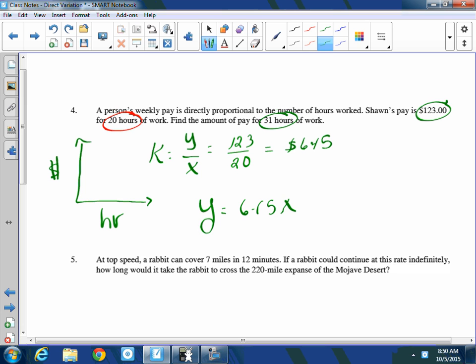Now, would that be x or y? x. So x equals 31. So that would be 6.15 times 31. There you go.